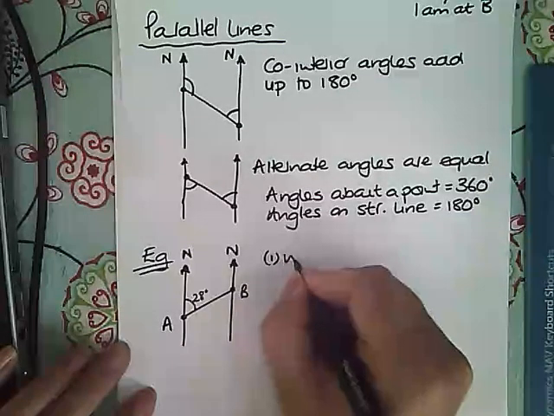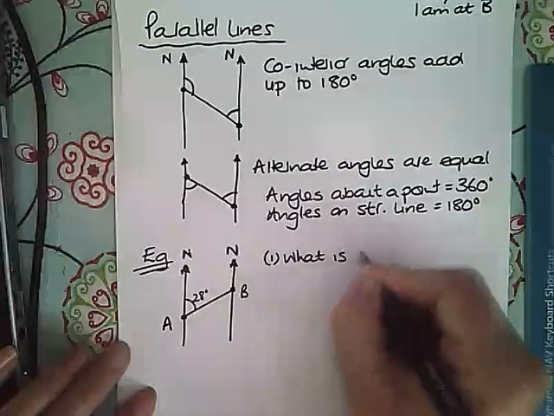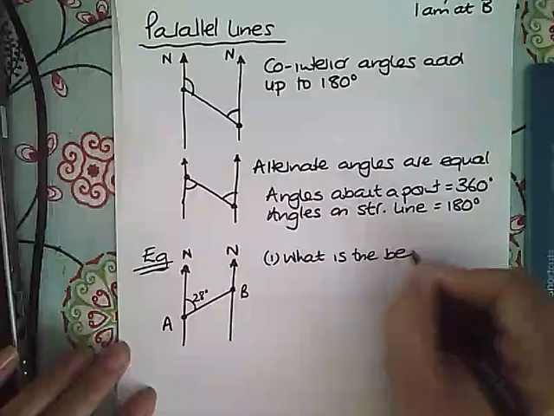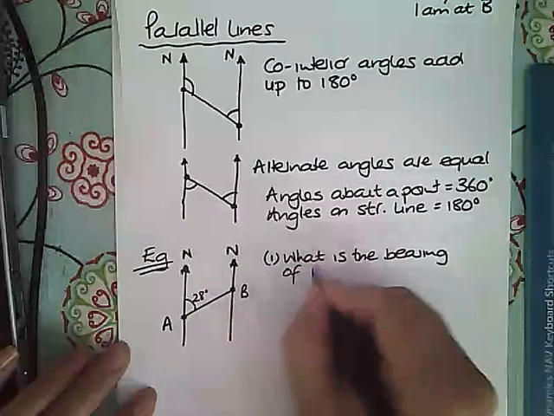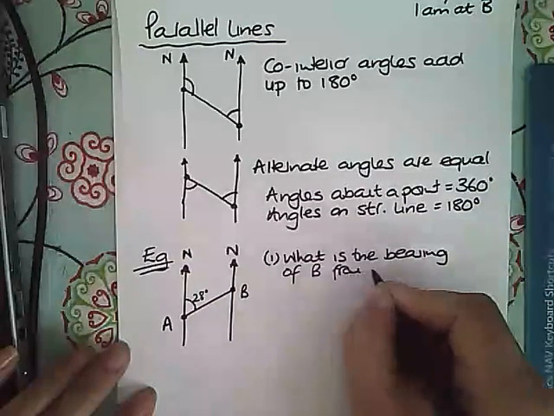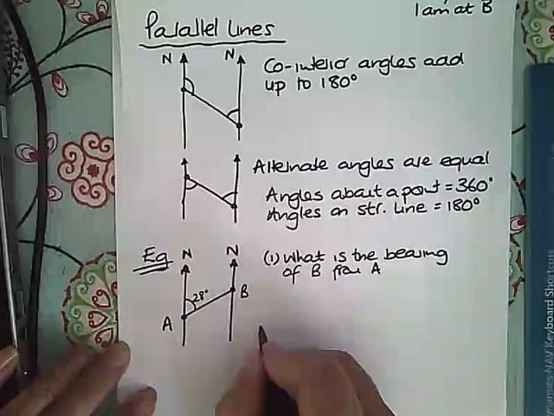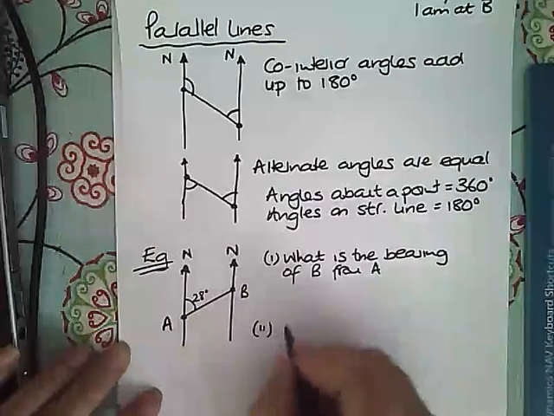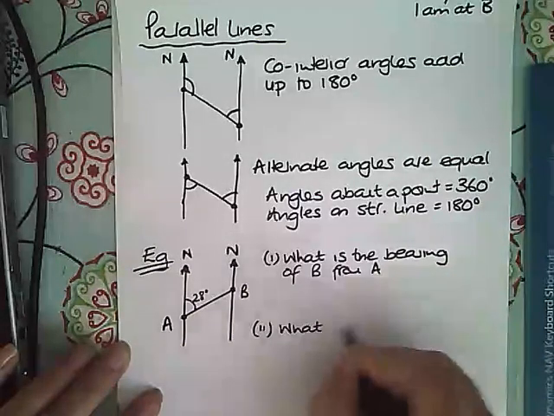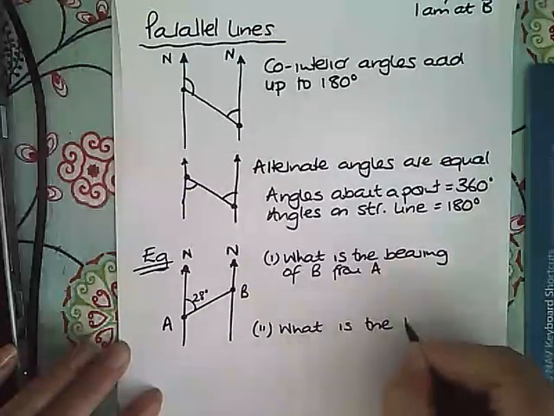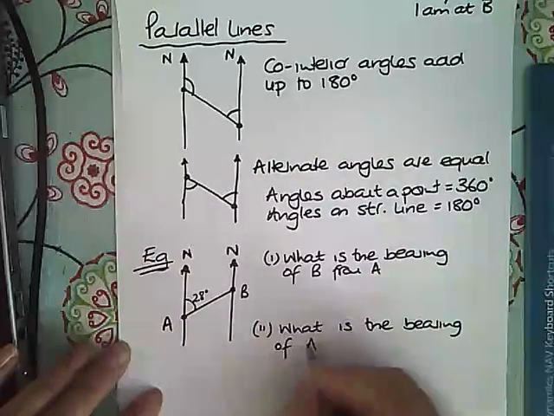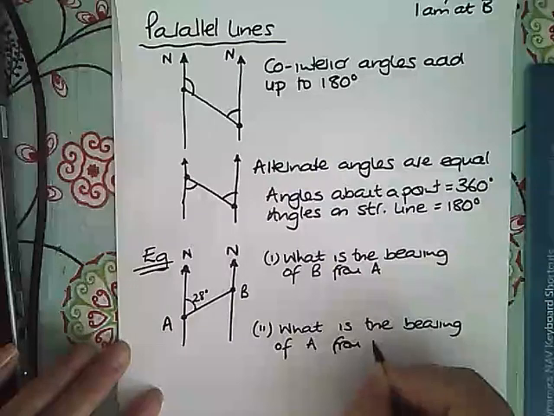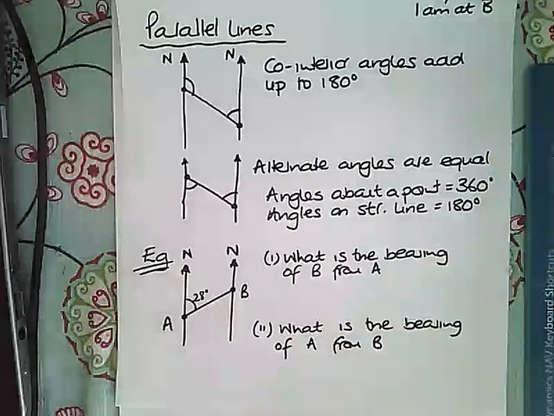The first one, what is the bearing of B from A? And the second one, what is the bearing of A from B? So as I said in the introduction, I would always highlight the from bit.